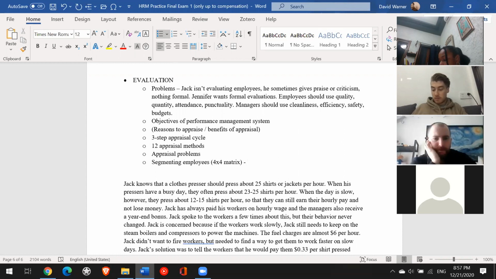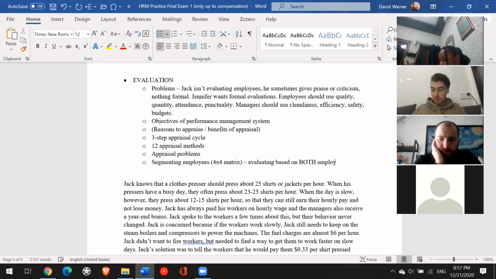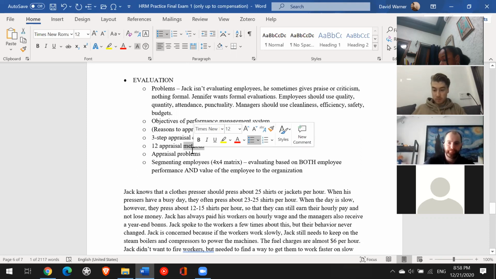So evaluating based on both employee performance and value of the employee. Because these methods are just based on performance. They're not based on value.